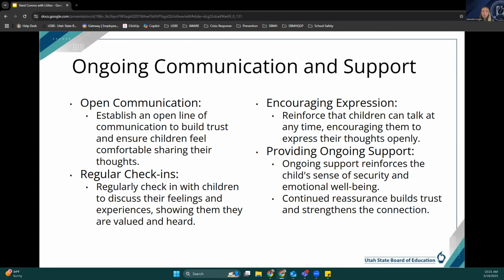Regular check-ins are important because you're not just telling the kiddo, hey, I'm here for you, and then never talking to them again. We're checking in on them. We're letting them know we're here for them, available to talk or to provide resources or support or whatever they may need. It's not just one and done. We're hoping to build that rapport.